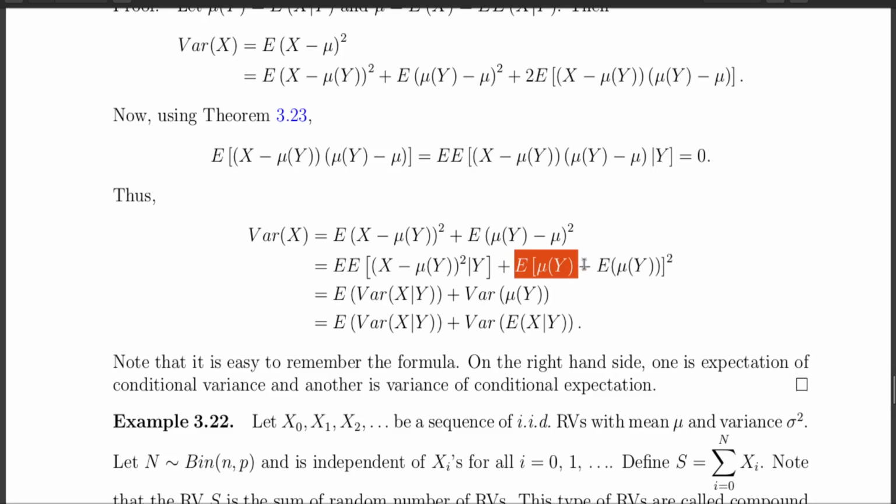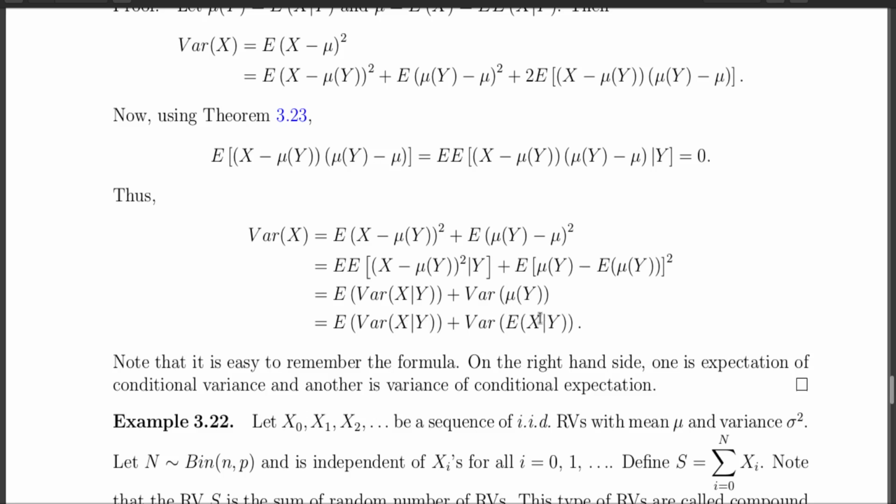So this whole expectation is nothing but the variance of the random variable Z. Random variable Z is basically mu_y, so this is the variance of mu_y, and mu_y is the expectation of X given y. So we have that the variance of X can be written as the expectation of the conditional variance plus the variance of the conditional expectation.